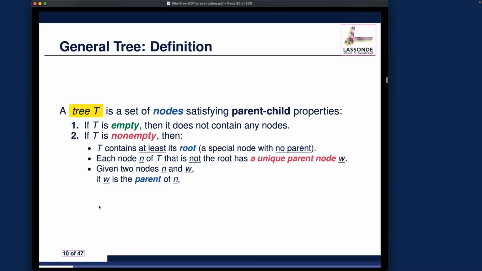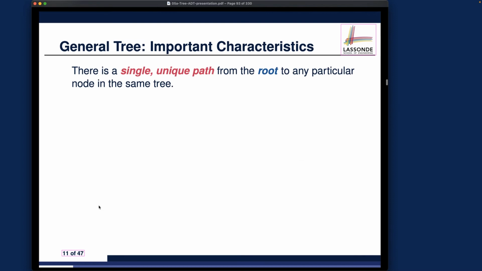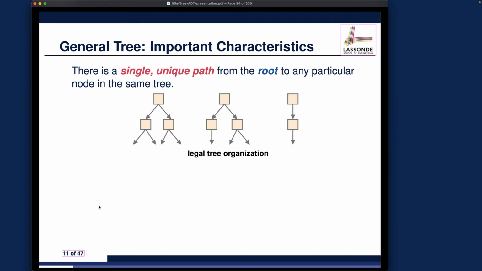All right, and that's simply about legal versus illegal organization of the nodes in the tree, right? These will be legal. You always have a single unique path to any node in the tree. That's actually how you calculate the depth. To calculate, for example, the depth of this particular node, there's only one unique answer, which will be from the root over here to this node specifically.